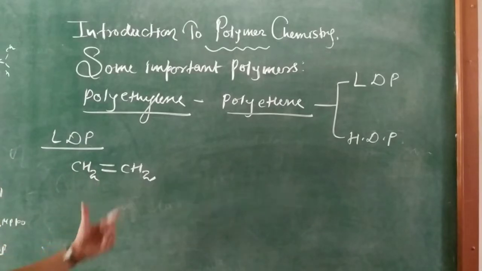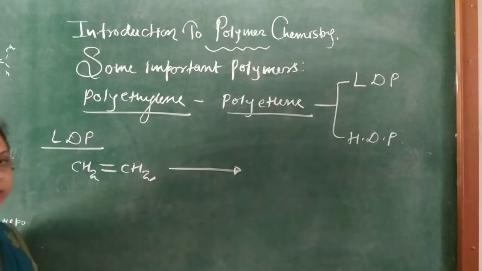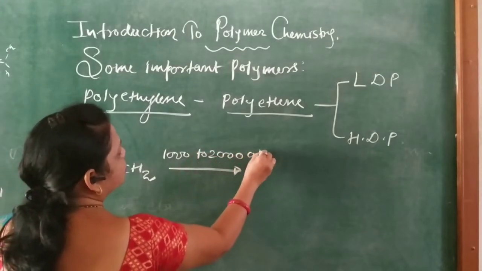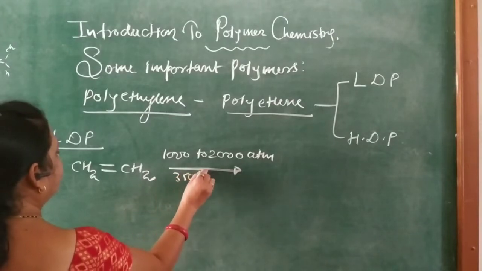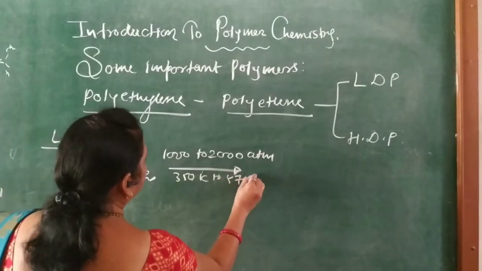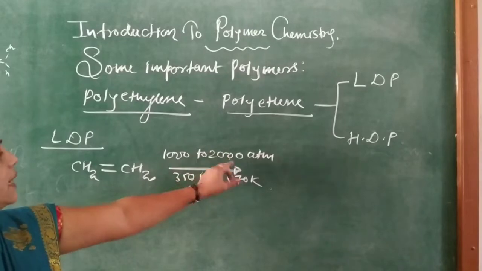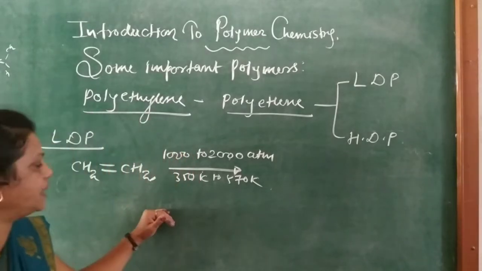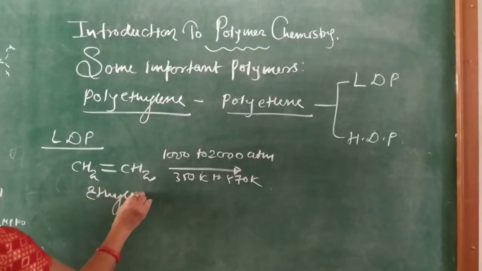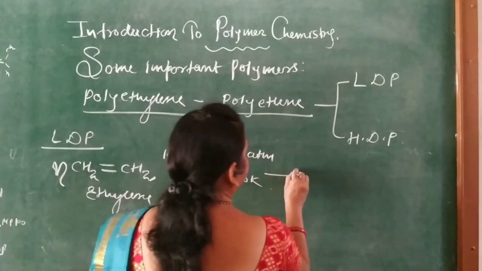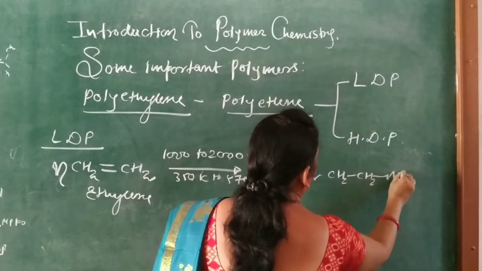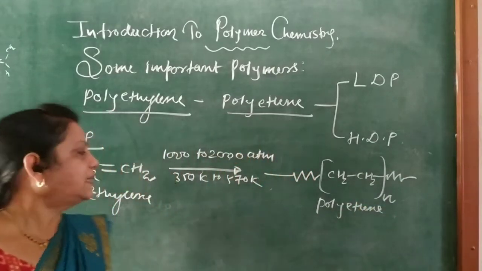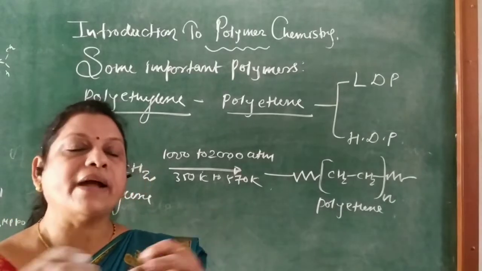On polymerization at high pressure, that is 1000 to 2000 atmospheric pressure, and at 350 to 570 Kelvin, within this temperature range, ethylene gives CH2-CH2 units, a linear polymer is obtained, and it is called polyethylene.